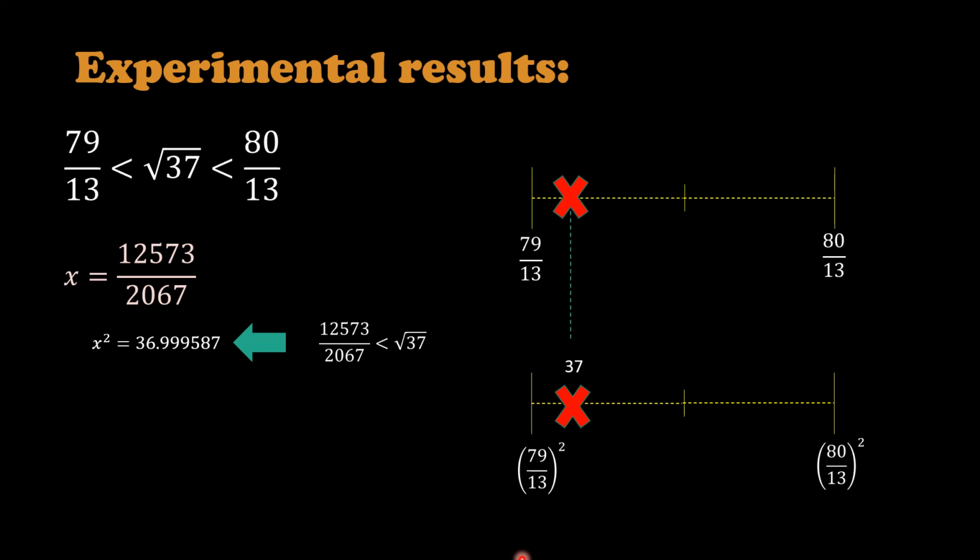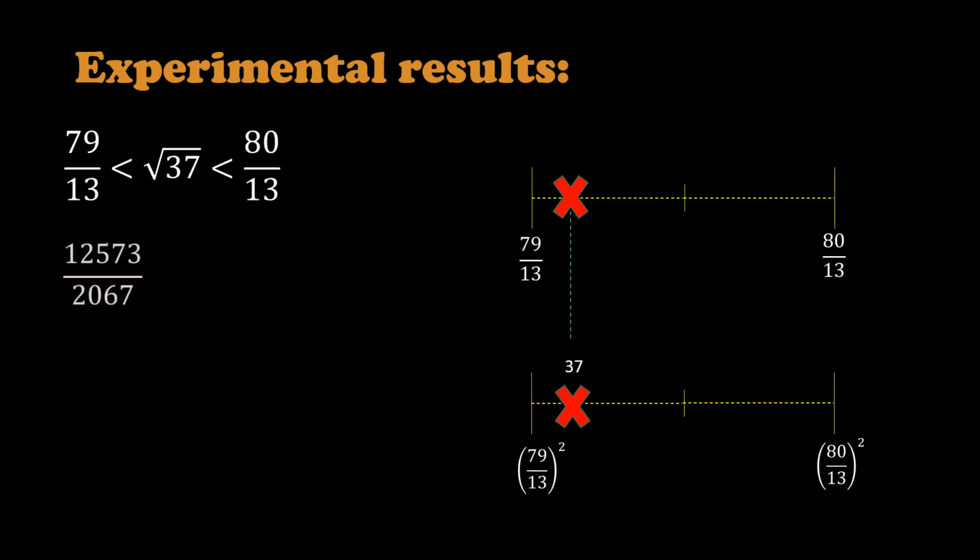So I conjectured that I'll always get an underestimate this way. Another thing that happened is that if I increased the numerator of this next guess by only 1, because I kept expressing them as fractions, I always ended up with an overestimate.